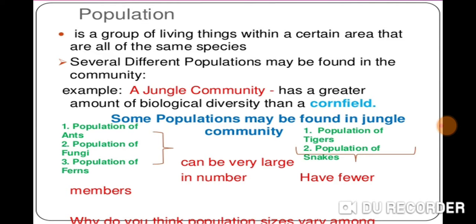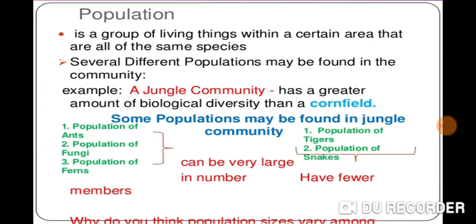A population is a group of living organisms that can interbreed and produce fertile offspring in an area, and these populations are found in a community, whereas a community is a group of two or more populations.